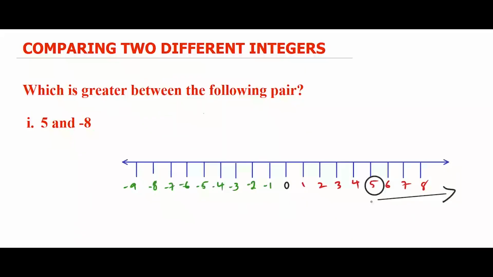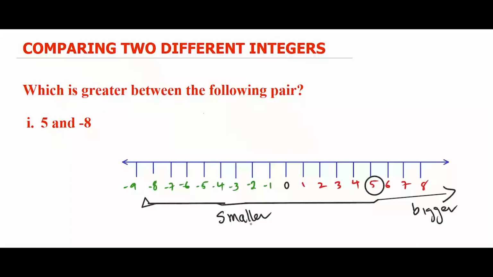So automatically, if you're now moving from 5 backward to -8, moving forward is bigger, so moving backward will be smaller. That is how to get it. So 5 is always bigger. In summary, when you have a positive and a negative integer, the positive one is always the bigger one.